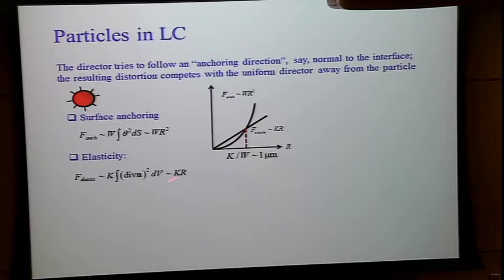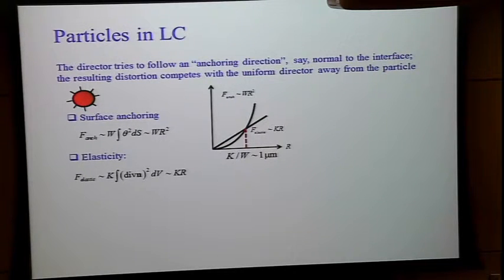Now, the elastic distortions around this particle scale with the radius of the system. And if you refresh your middle school algebra, you would realize that for scales larger than K over W, and as Lisa told us, it's 1 micrometer in most cases, the surface energy is much more important than the bulk. And below that, the opposite is true.